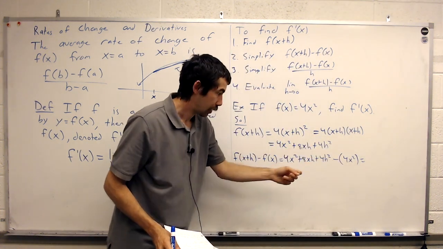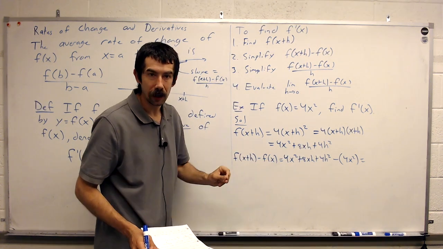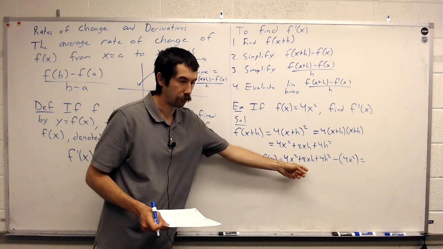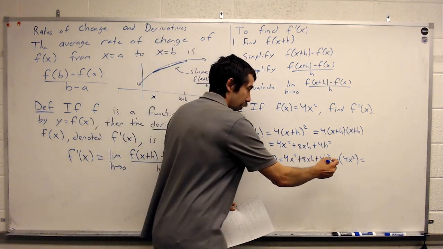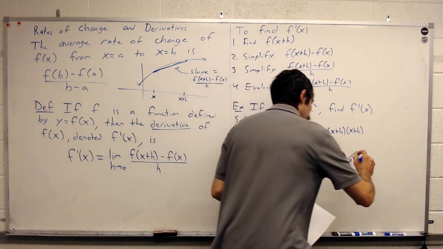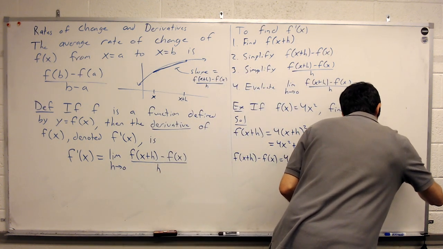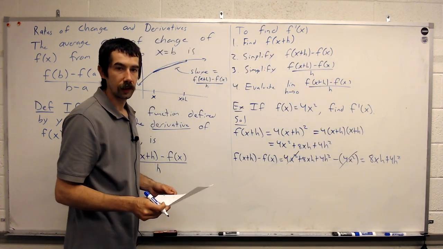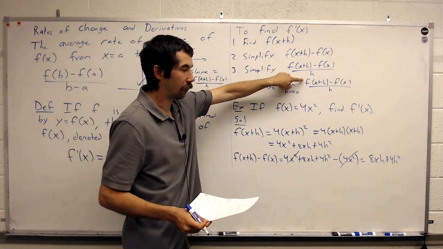Minus 4x squared will cancel with the 4x squared. All right, one way to check our answer is everything from the original function should cancel with something from our expanded function. All right, and so this cancels with this, and we're left with 8xh plus 4h squared. Next step, we want to simplify what we just got divided by h.